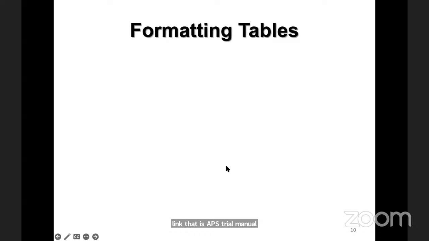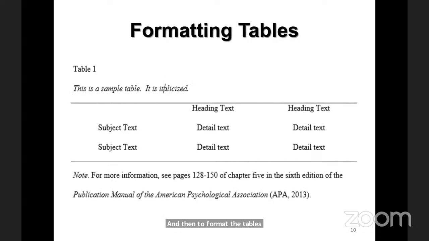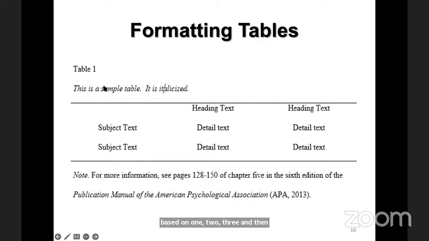And then to format tables in APA style, this is the example. As you can see, you need to write the table number based on 1, 2, 3, and then the title should be written on top of the table, and it is italic.